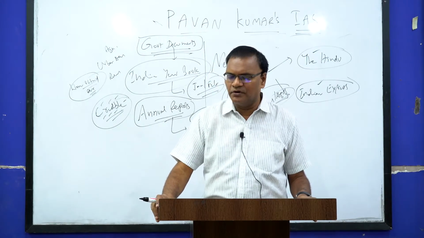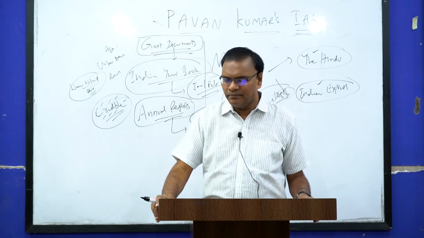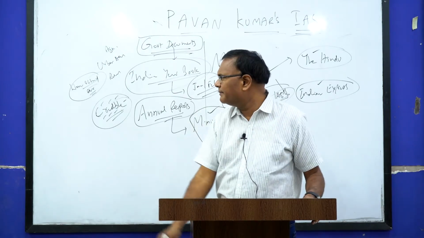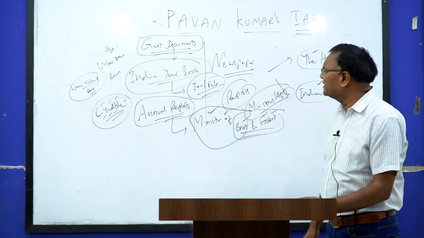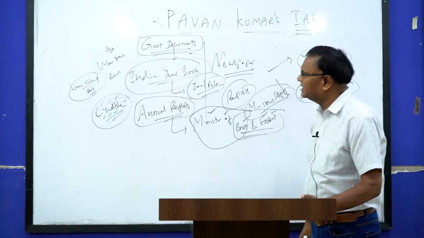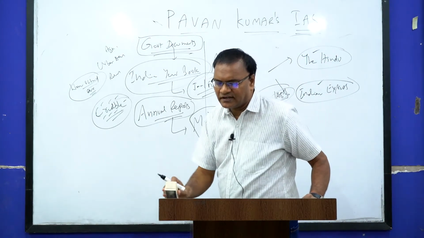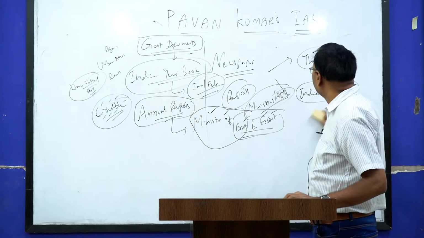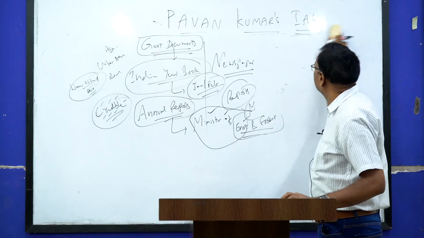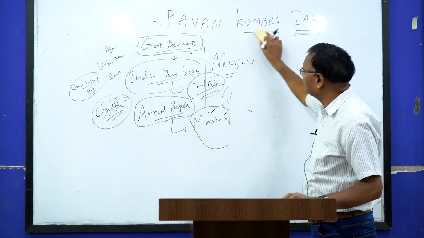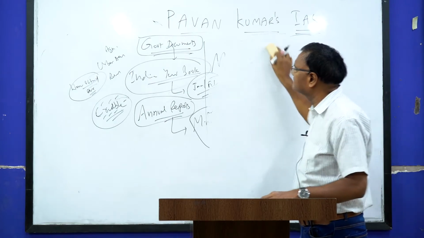These annual reports are extremely important because the maximum number of questions are picked up from these reports only. So these are the sources as far as the general studies preliminary is concerned.